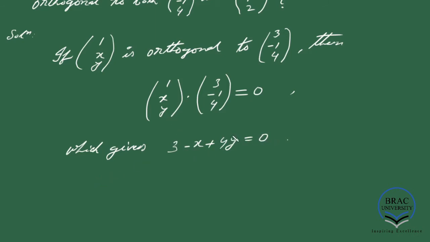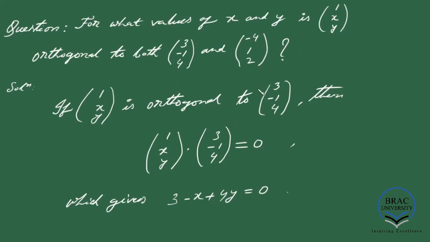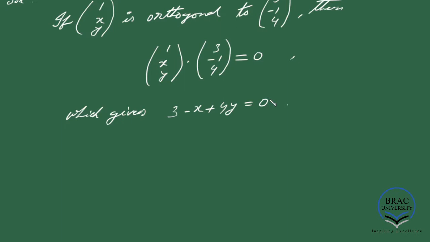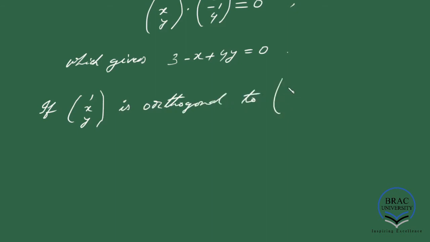Now, in the second case, we'd like to take the dot product of this with this vector. So let's do that and see what happens. Now we can write, the first vector was 1, x, y, and this is orthogonal to the last vector that was given, with components -4, 1, 2.